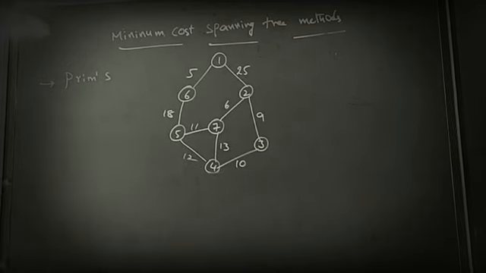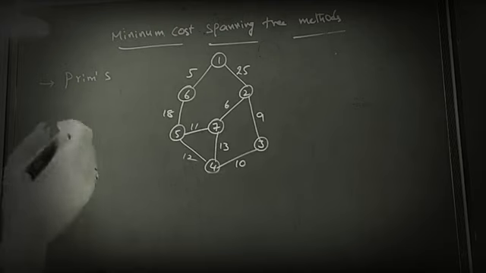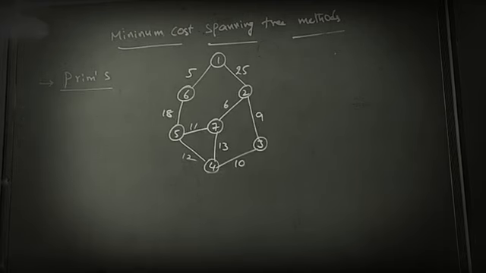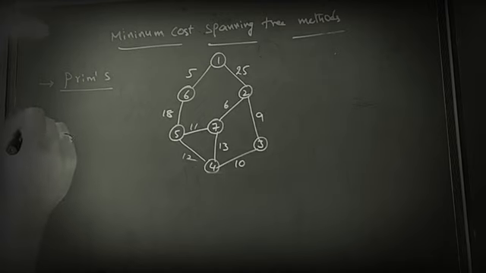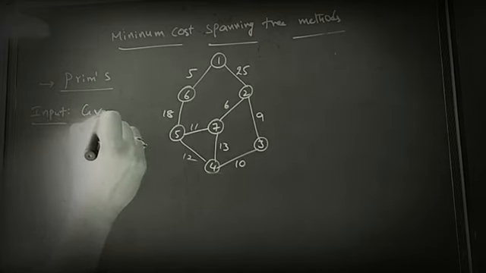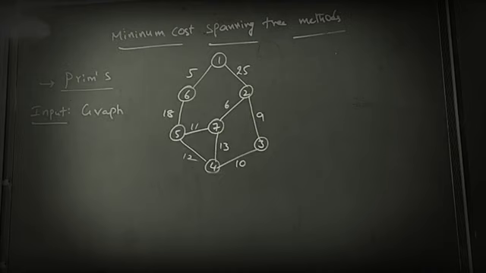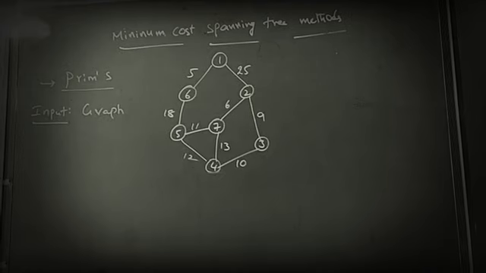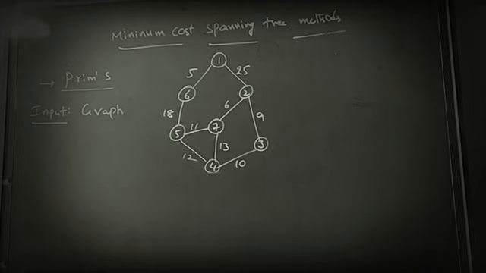Let us look at them one after another. First, how Prim's algorithm works to find the minimum cost spanning tree. What is the general input of Prim's algorithm? Input is a graph, the graph in which we want to find the minimum cost spanning tree.